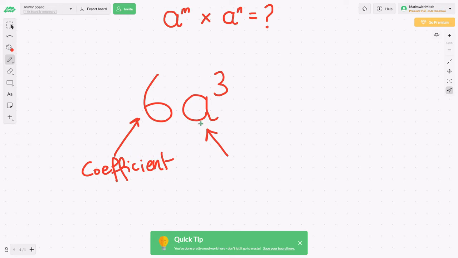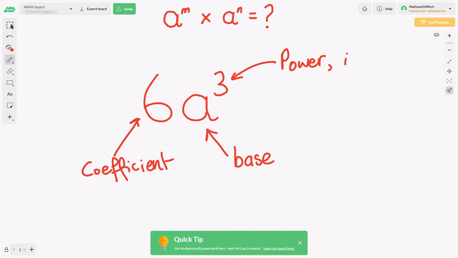But in terms of when we talk about powers, we can also call it the base. So we could refer to that. That variable is a term, but in terms of when it's something to the power, we might refer to it being the base. This then, I've already called it a power. So you could say this is a to the power of 3.